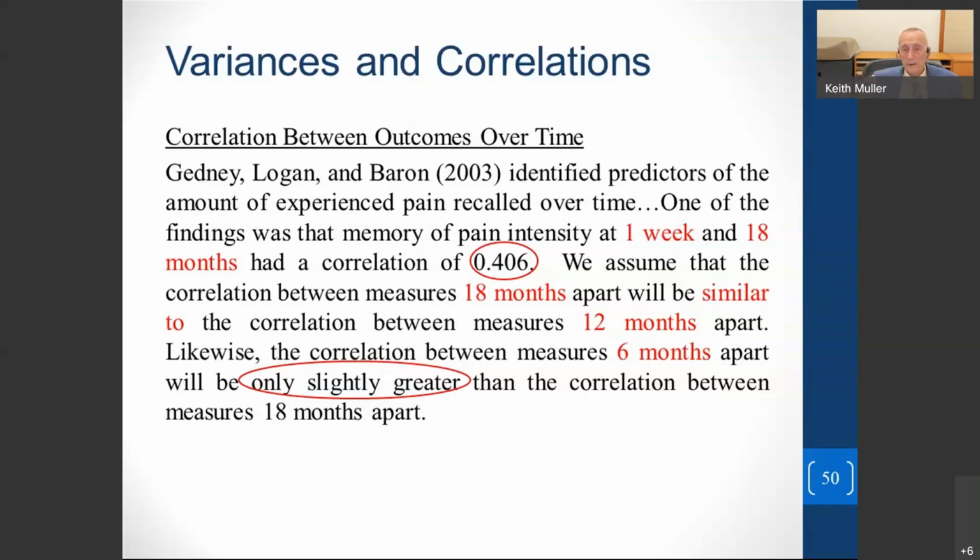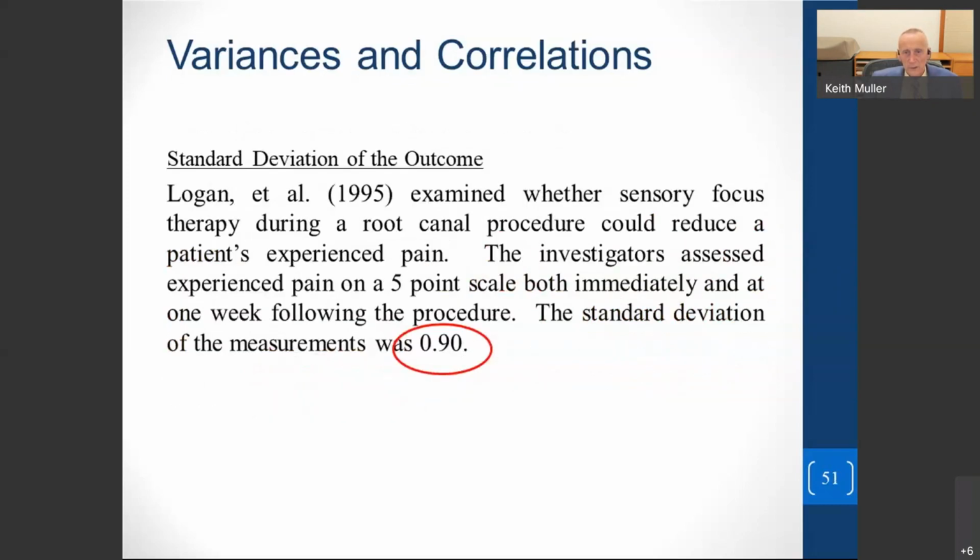But it is a credible value because that 0.406 was a published result in a peer-reviewed journal. Similarly, we're going to assume that the correlation between measurements 6 and 12 months apart is not that different. And we're comfortable in that because this original correlation was over 18 months, so we would think that we would have even more stability over shorter time periods.